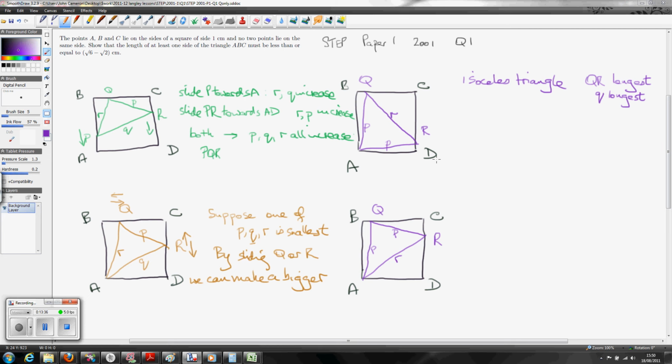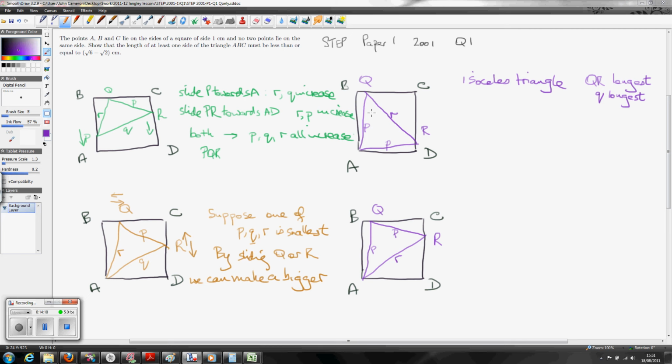Well, finally, I want to deal with the case that PQR is an isosceles triangle where the two equal sides are shorter than the other. So we've started off, first of all, we have shown that one of the corners must coincide with the corner of the square. Then we said, well, if there's a smallest side, that's not going to work because we can slide various of the points along the square and make the whole triangle bigger. The only other case is that it's an isosceles triangle, and there's two kinds.